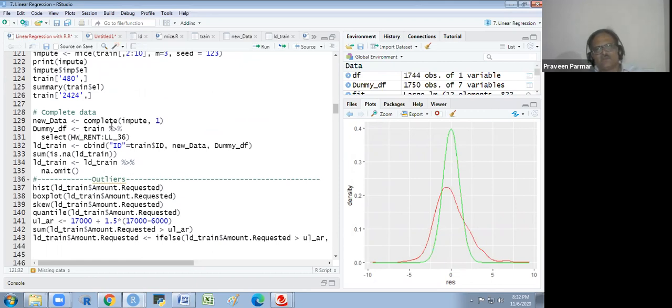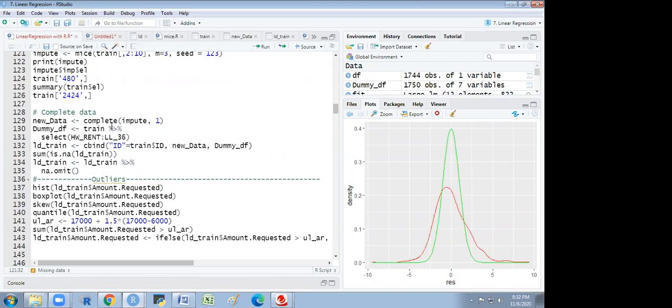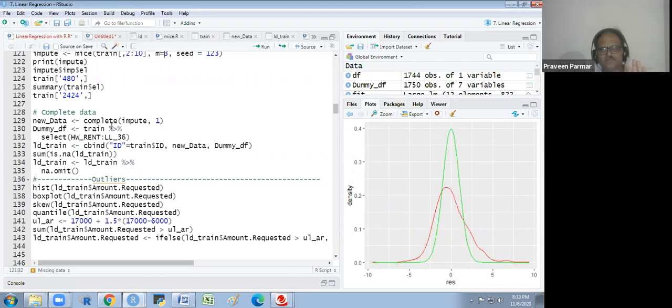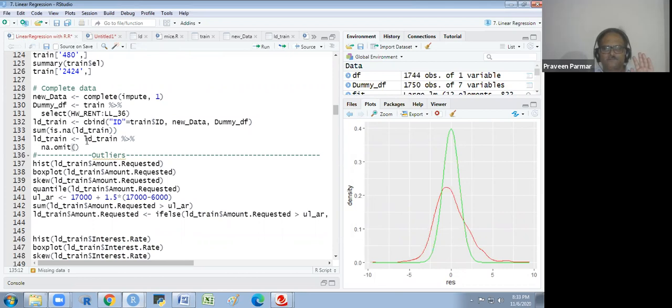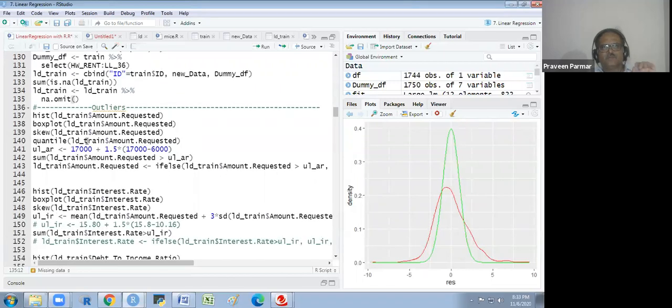In the test data, we will not impute the missing values. Understand? If you have the complete data, then we will find out the prediction only. So we don't have to bother about the missing values.